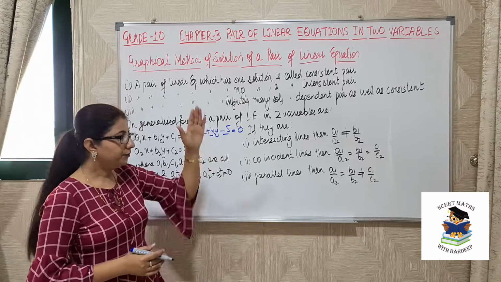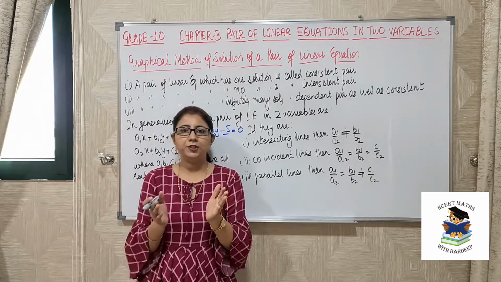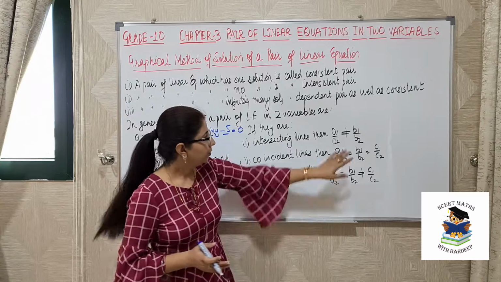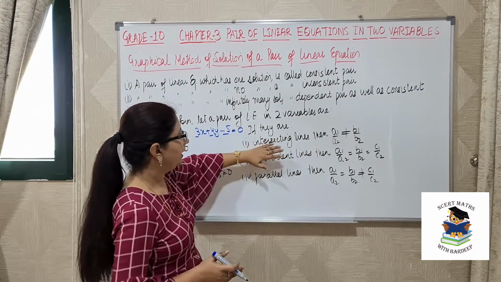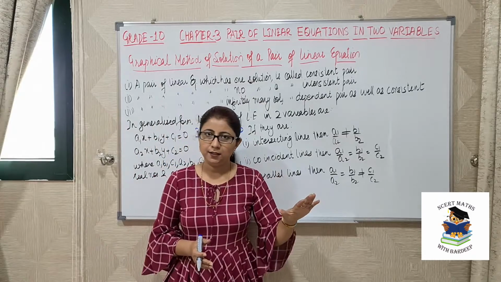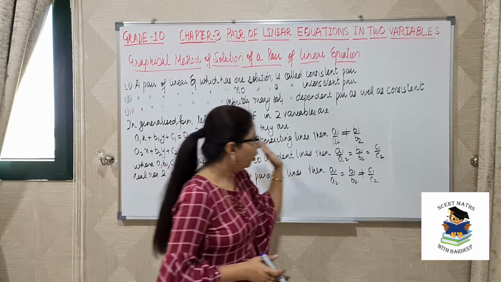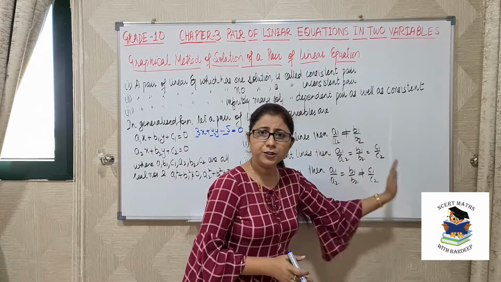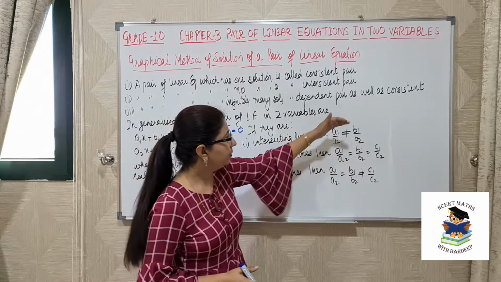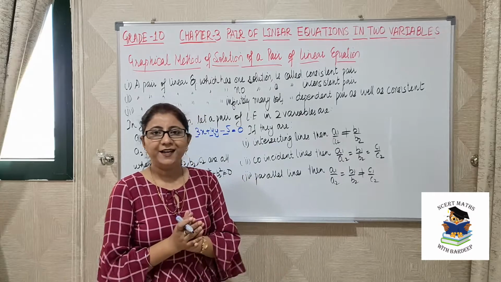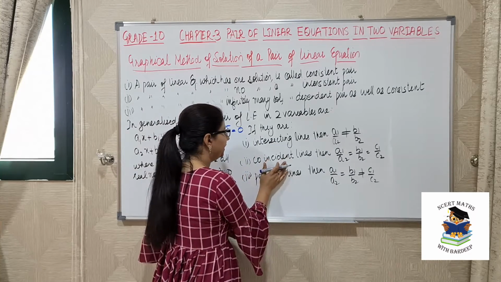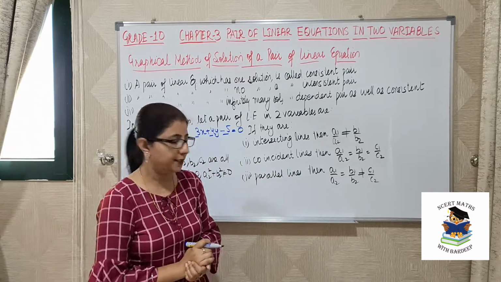After finding these three values, we will check whether a1 by a2 is not equal to b1 by b2. Then directly we can say that they are intersecting lines. But if all fractions are equal, that means a1 by a2, b1 by b2 and c1 by c2 all have the same values, then we can say that they are coincident lines.